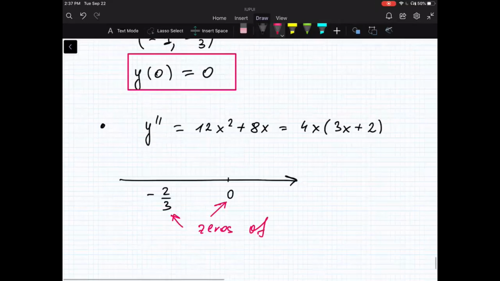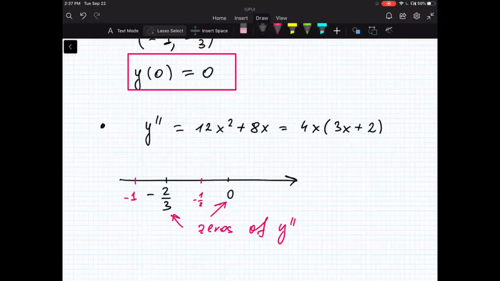Zeros of the second derivative, y double prime. Now again, I should choose test points. Let's say here I can choose -1. Here I can choose -1/2. Okay, for some reason I put it above, but let's put it down.